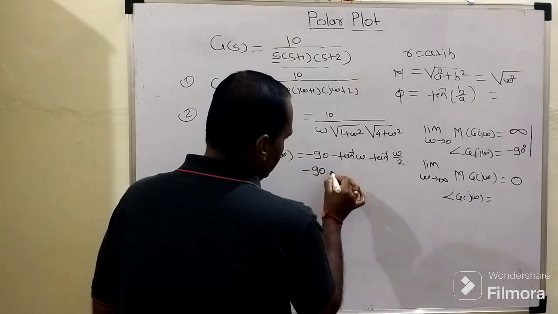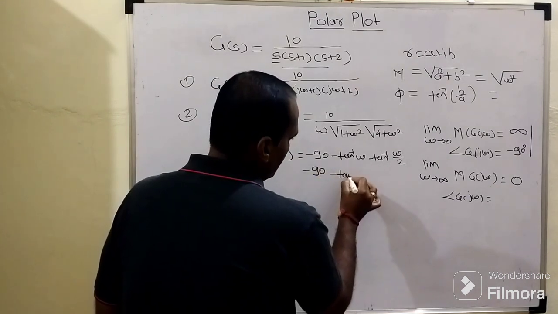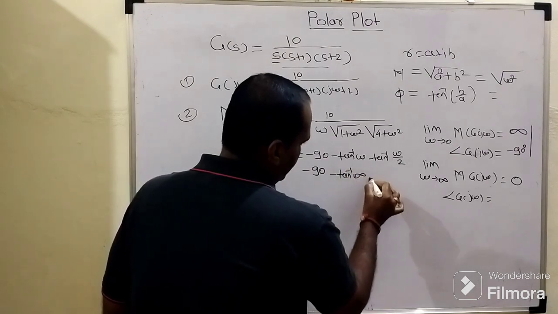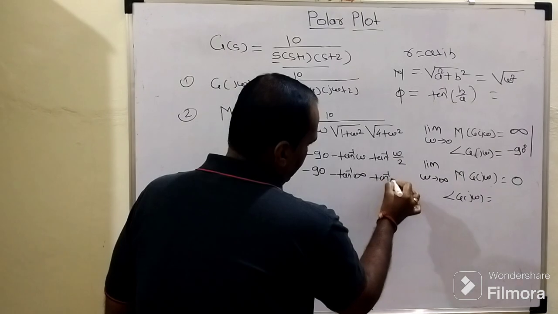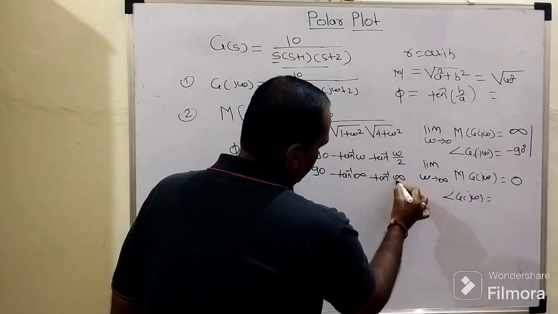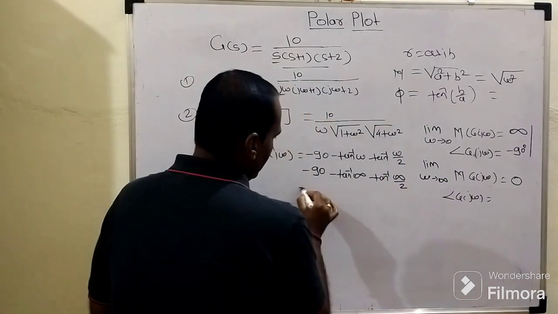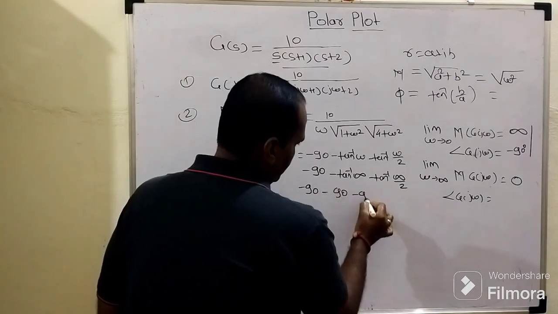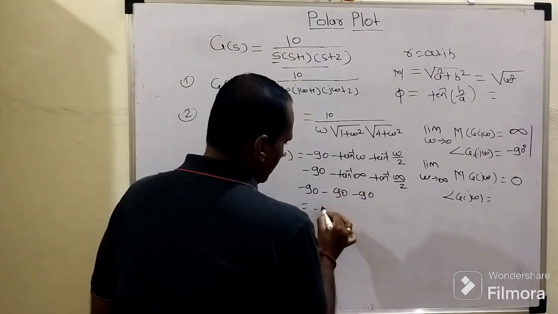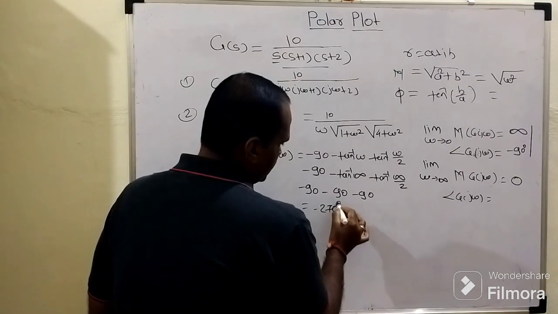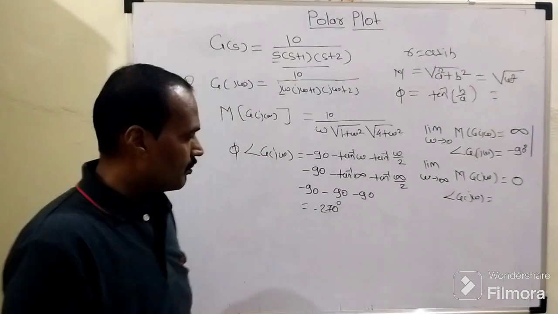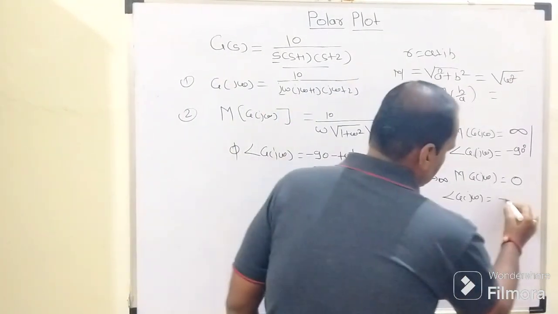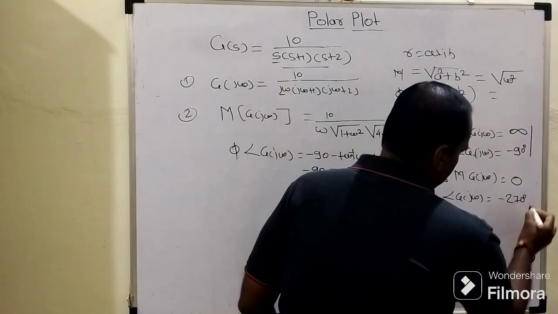So it will become minus 90 degrees, minus tan inverse of infinity, again minus tan inverse of infinity divided by 2. As we know, tan inverse of infinity is 90 degrees. So in the second case, when omega equals infinity, the phase angle equals minus 270 degrees.